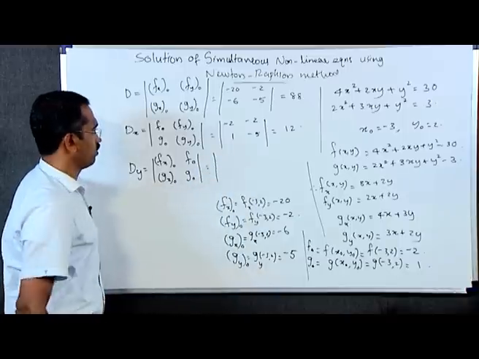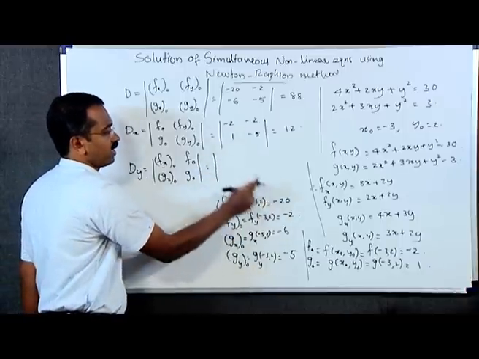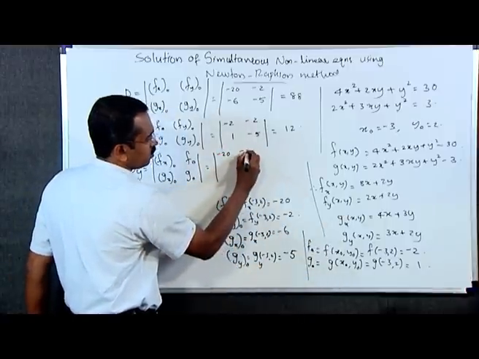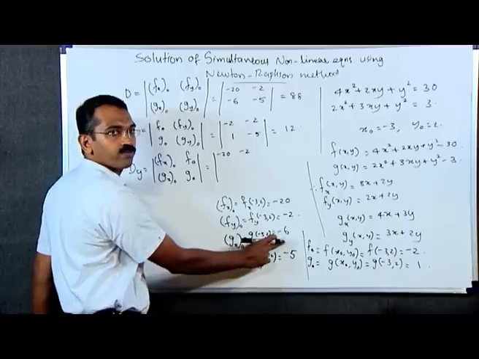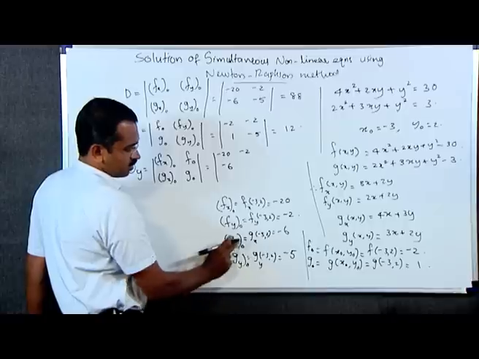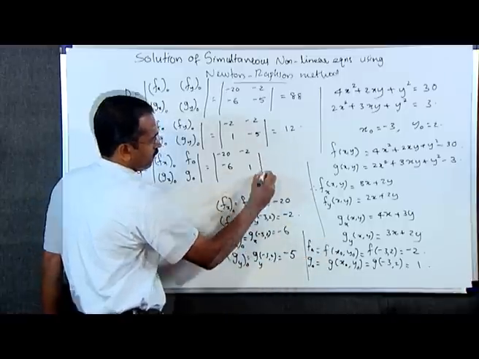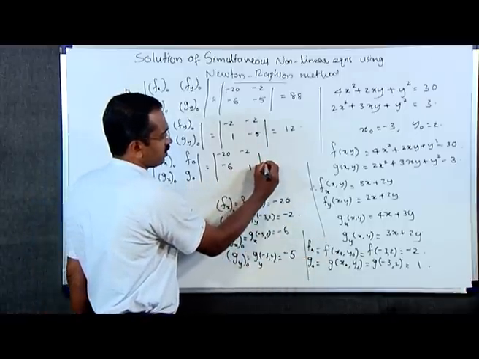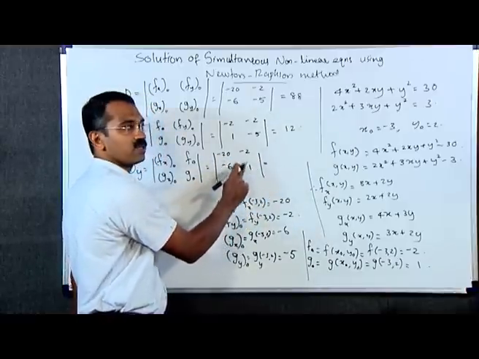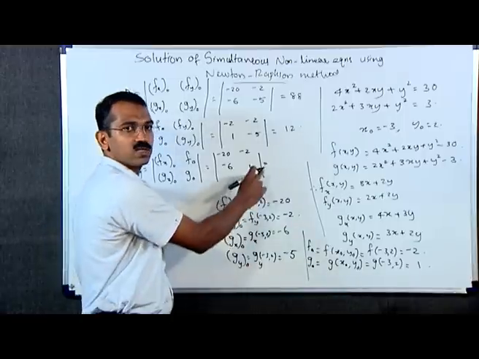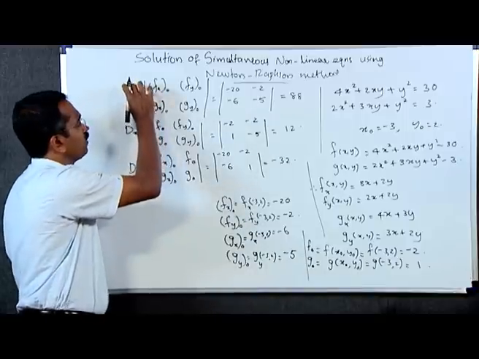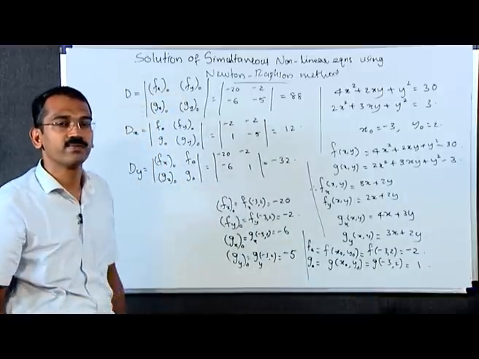That is the determinant of fx naught is minus 20, f naught is minus 2, gx naught is minus 6 and g naught is 1. The value of this determinant is equal to 1 into minus 20 minus 6 into minus 2, which is equal to minus 32. These are the values of D, Dx and Dy.